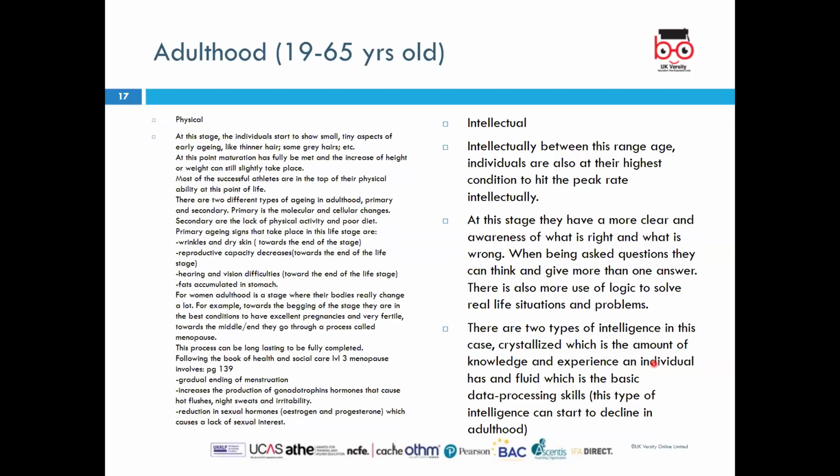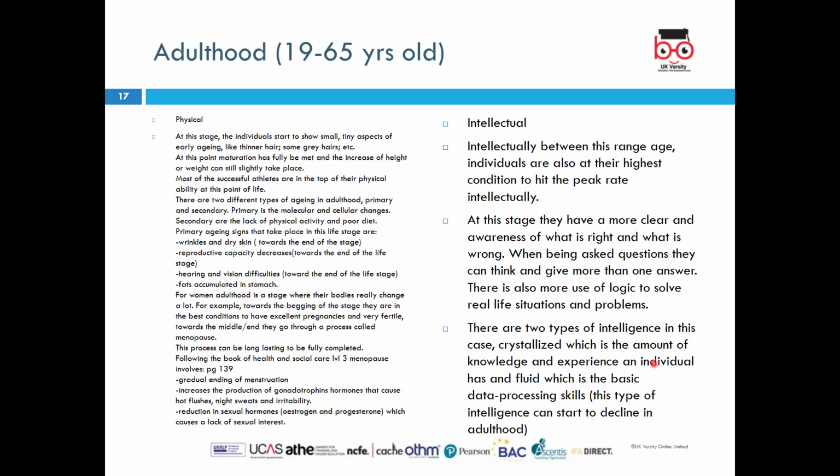So later on, as the process goes on, the women's body changes because obviously estrogen is then reduced as well. There's ending of menstruation, and an increase in gonadotropin hormones.